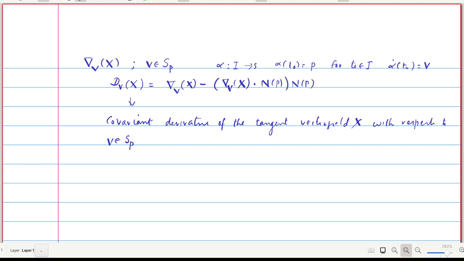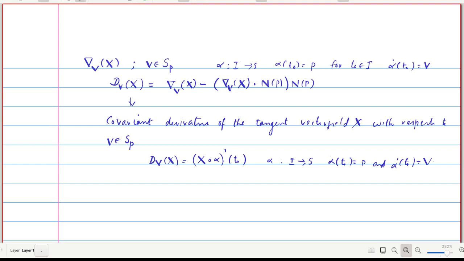By definition, this can be written as the derivative of x composed with alpha, at t naught, where alpha is from I to S with the property that alpha of t naught is equal to p and alpha dot t naught is equal to the corresponding v.